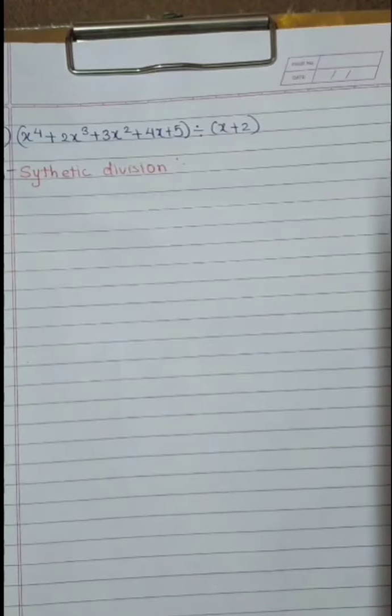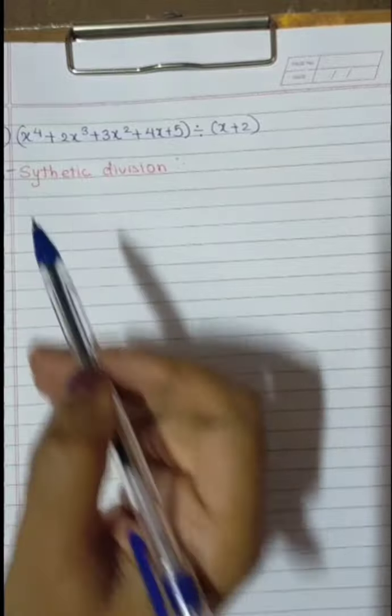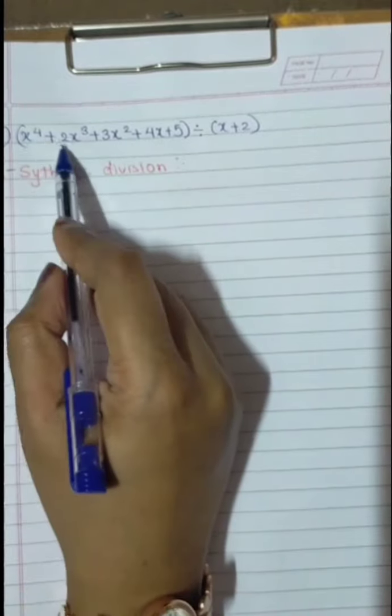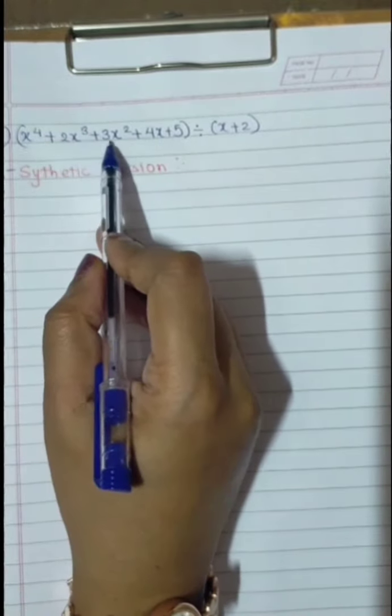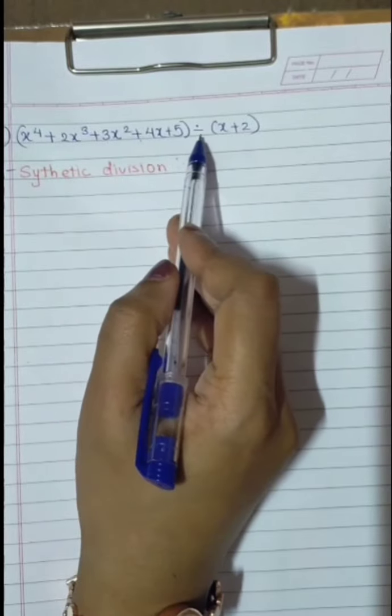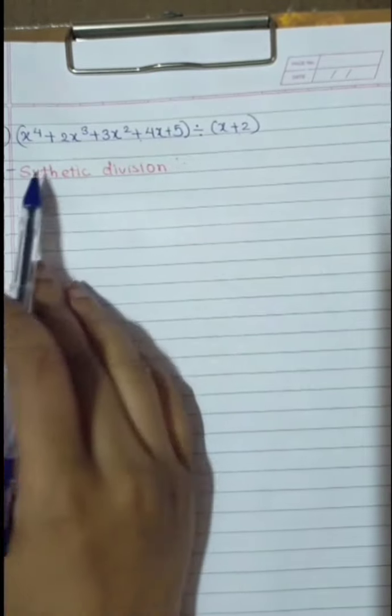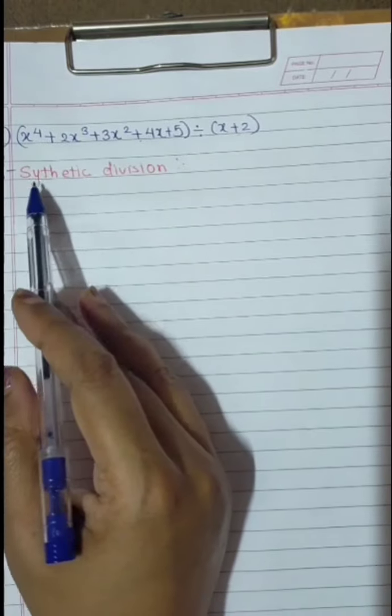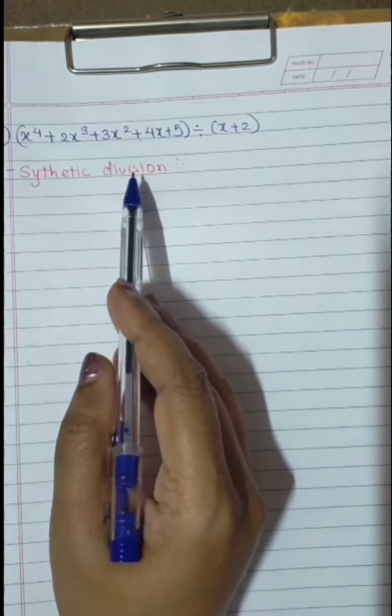Now the second question is: x to the 4 plus 2x cube plus 3x square plus 4x plus 5 divided by x plus 2. So first we will use the synthetic method to solve this.